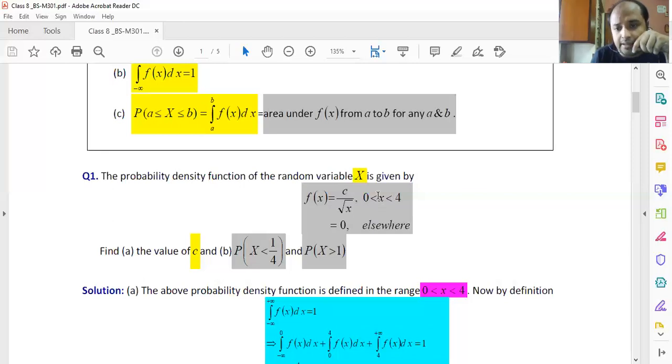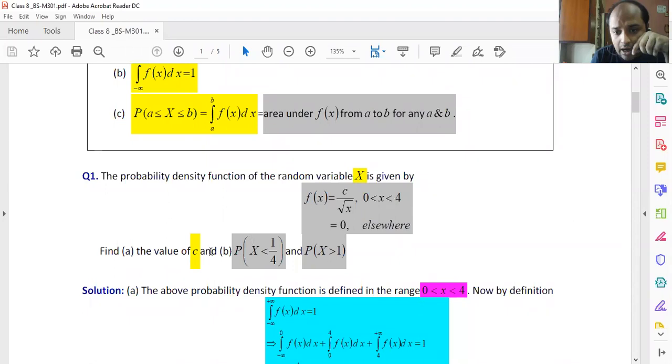Therefore if we talk about x less than 0, the function becomes undefined. So here elsewhere, according to this problem, means x is greater than 4. When x is greater than 4, the probability value is 0. That is how my probability function is defined.